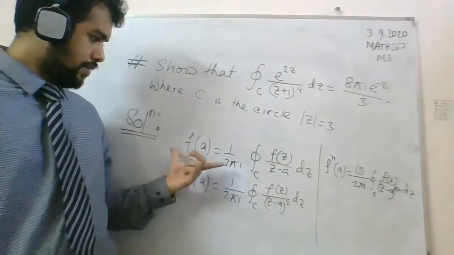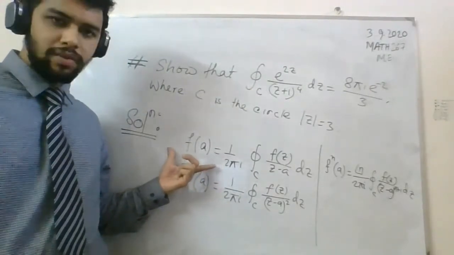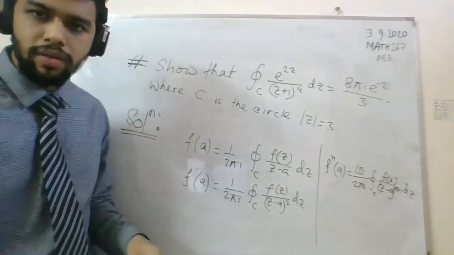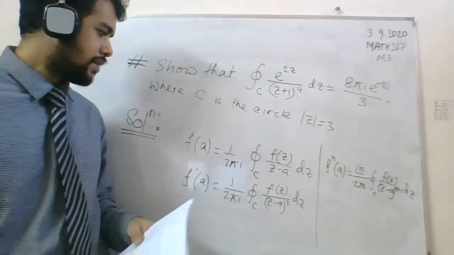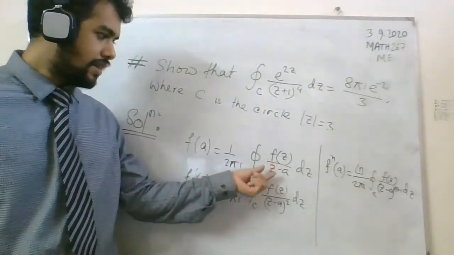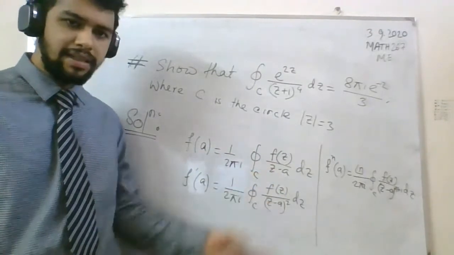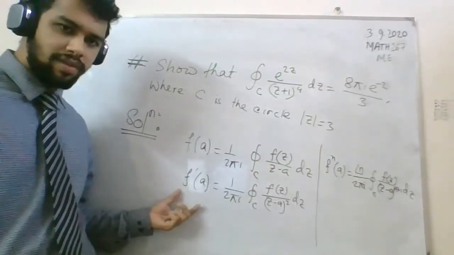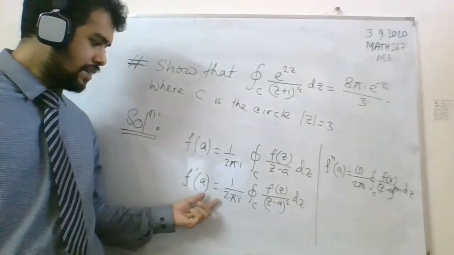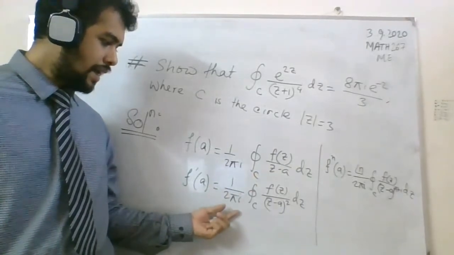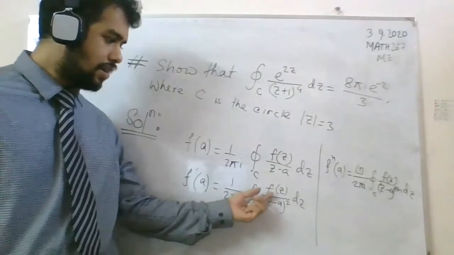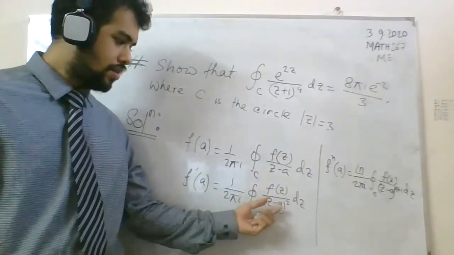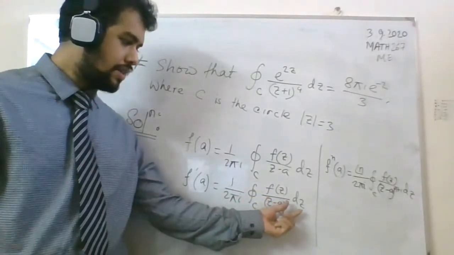So this is our Cauchy integral formula, which is f(a) equals 1 by 2 pi i into closed integral f(z) divided by z minus a dz. And for the first derivative, the Cauchy integral formula is f prime of a equals 1 by 2 pi i closed integral f(z) divided by (z minus a) whole square dz.